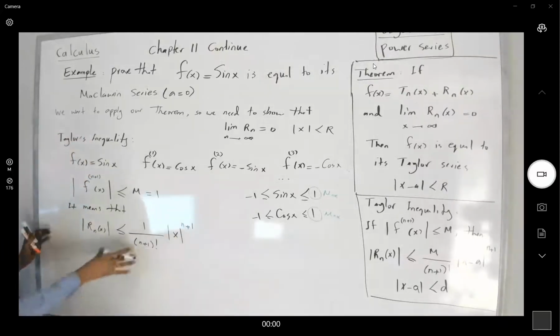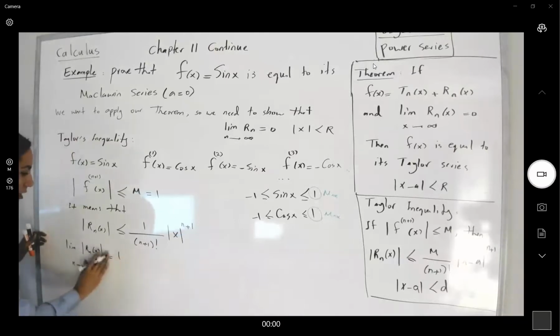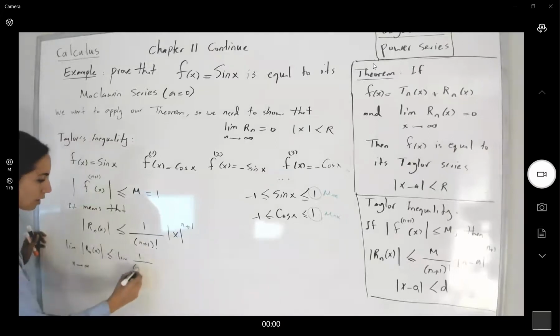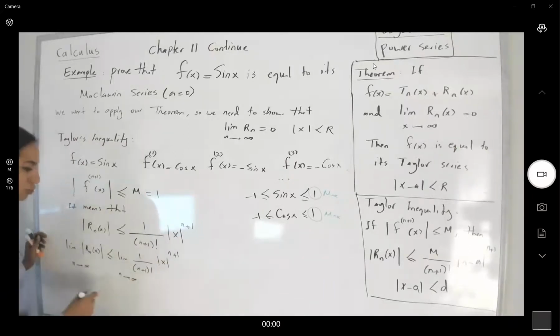And now the limit of the left side, the limit of the absolute value of Rn of x as n approaches infinity, is less than or equal to the limit of 1 over n plus 1 factorial times the absolute value of x raised to n plus 1 as n approaches infinity.